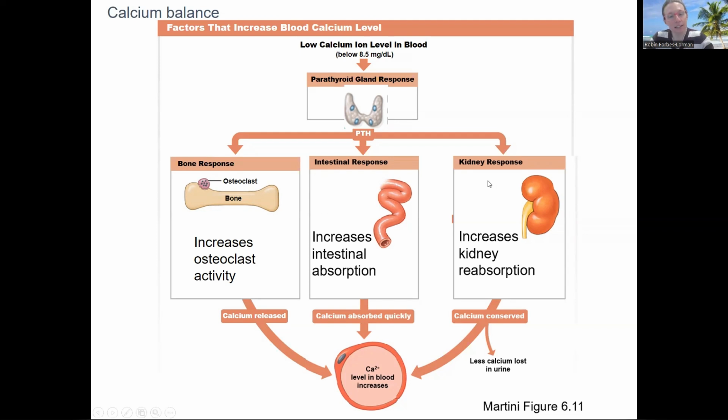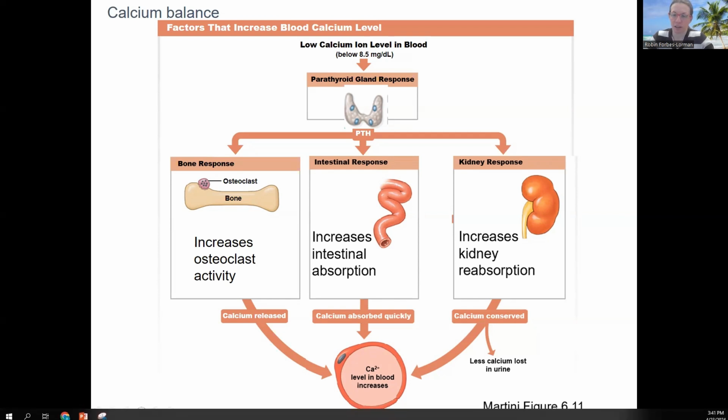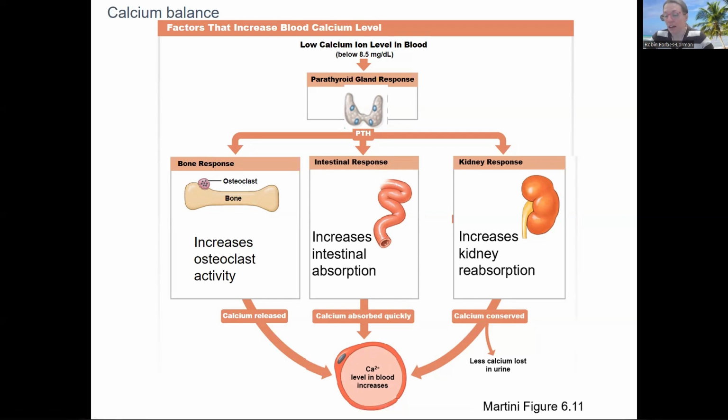And then lastly, the kidneys. We saw this last week. The parathyroid hormone targets the distal collecting duct specifically to increase reabsorption of calcium. And so reabsorption means it's conserved, it's not lost in the urine. So should all be kind of review.